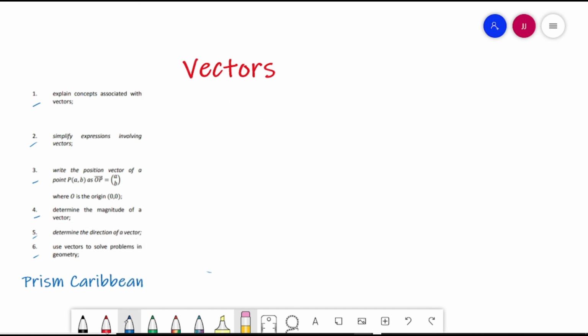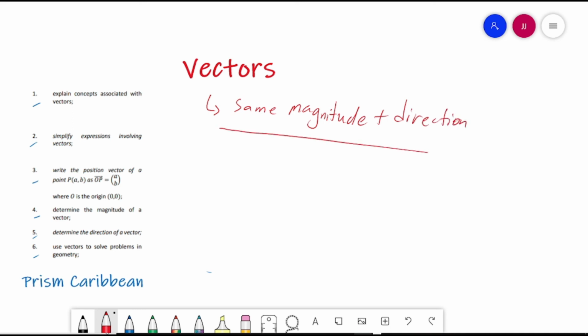Now, with regards to what is a vector, I should have gone through this at the start, but it's still important to note that vectors have magnitude and direction. This is important to note, and we will be getting more into this.